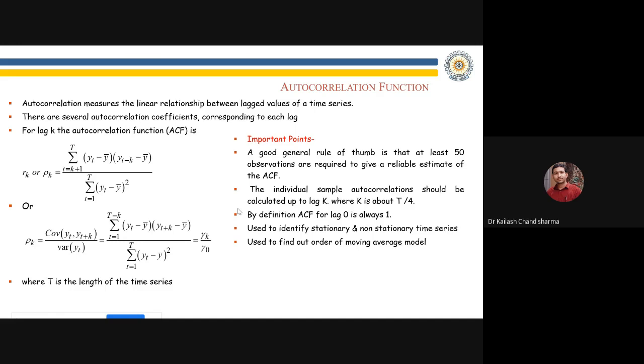This autocorrelation is very helpful to decide the order of the moving average model. It is used to identify whether the given data is stationary or non-stationary. For the sample size, or how many lags and observations we need, to find a suitable value of the autocorrelation we require at least 50 observations or data points.